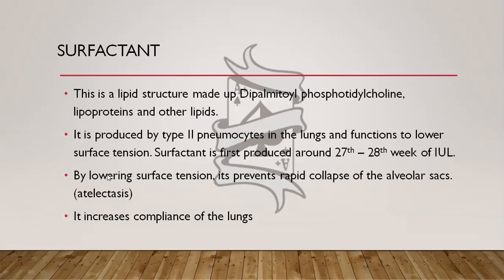So surfactant essentially lowers surface tension, which is what we're talking about. If we have just the alveolar surface exposed and you have water coming in, the surface would just collapse. It's just like insects running on water. That's literally what would happen. It prevents a rapid collapse of the alveolar sacs, atelectasis. Have to know this. Essentially, it increases the compliance of the lungs.